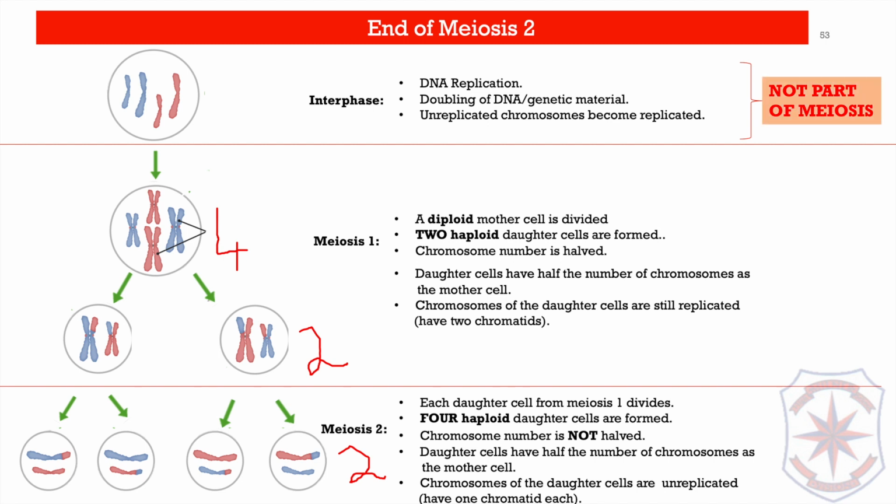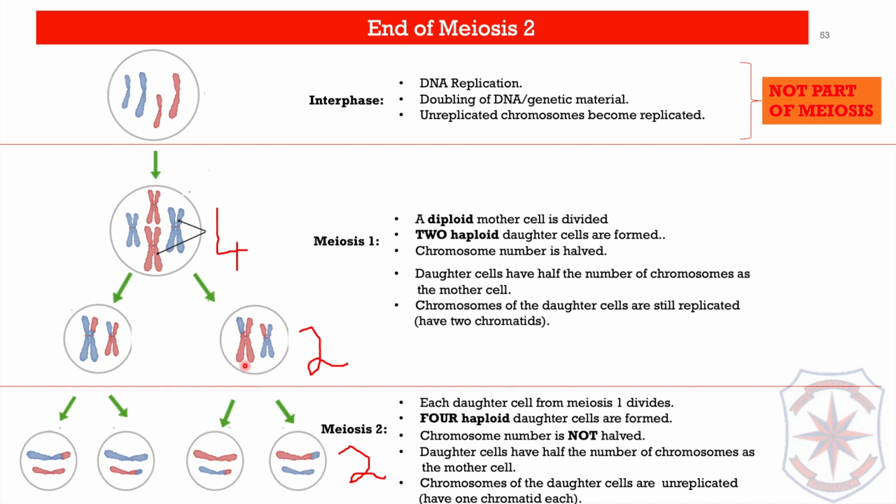The only difference between chromosomes within each daughter cell at the end of meiosis 2 compared to chromosomes in each daughter cell at the end of meiosis 1 is that the chromosomes at the end of meiosis 1 will be replicated. However, the chromosomes at the end of meiosis 2 will be unreplicated. Okay, so that's what we see over there.